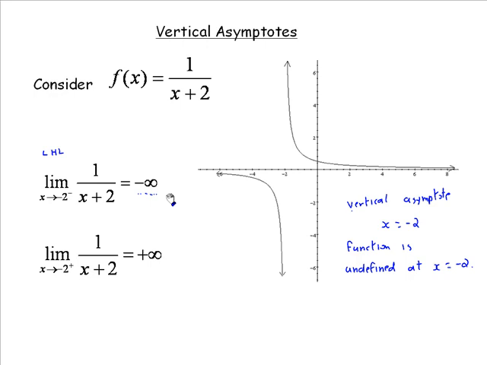And the right-hand limit, as we approach negative 2 from the right side, it goes up forever. It increases without bound. So this is typical for vertical asymptotes. If we do have a vertical asymptote, it means the limit will either be plus or minus infinity, or there will be no limit. It will either increase or decrease without bound.